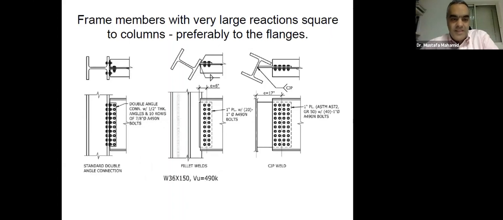If you have large reactions, look at the size of the connections here. If you are framing to a square column to the flange, you can see to the left how clean the connection is, versus a skewed column to the flange, how complicated the connection will be with 2 rows of bolts. And if you are connecting to the web, on the third figure to the right, you can see how complicated the connection would be and the number of bolts that is needed there.